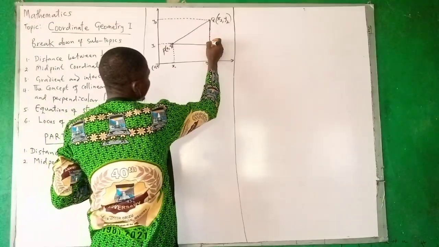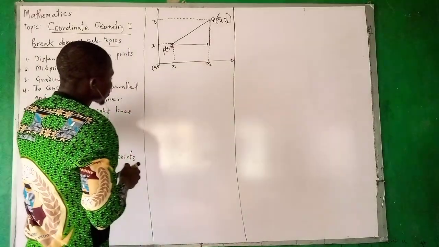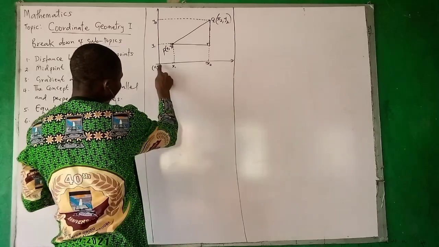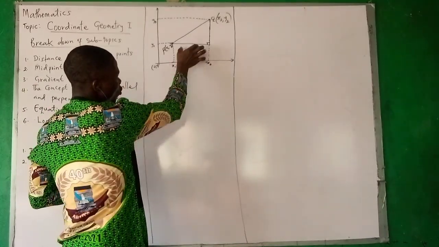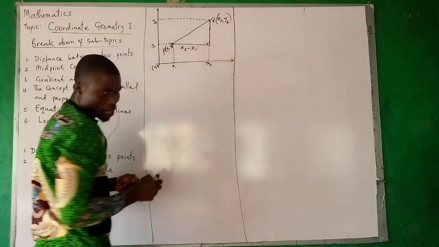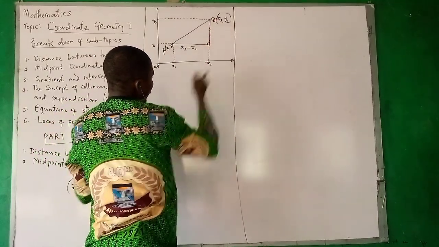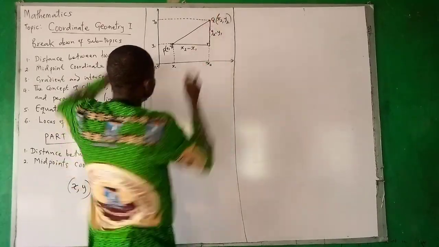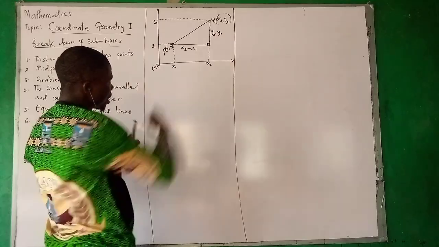And put this to be the symbol of angle 90. Now, let me get the distance here, from here to here. From here to here is x2, and from here to here is x1, which means the middle will be x2 minus x1. Are you following me now? Now to get here, you do y2 minus y1, because from here to here is y2 and from here to here is y1. When you subtract it, you get it.